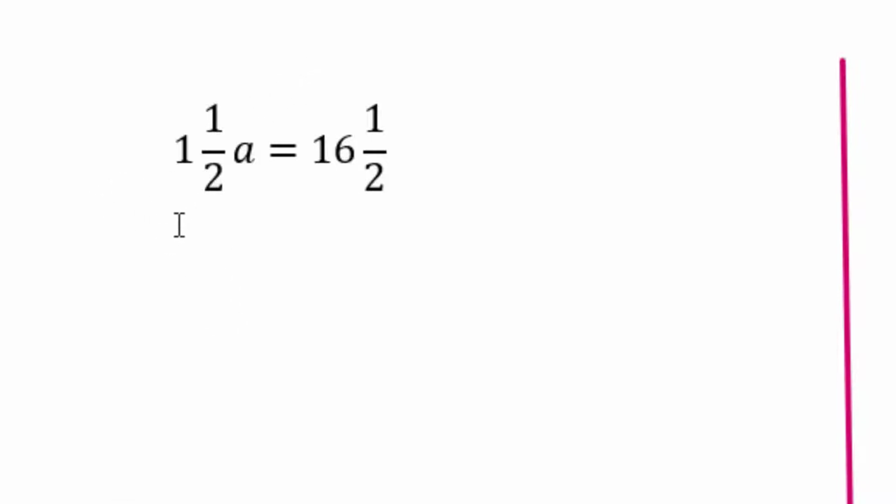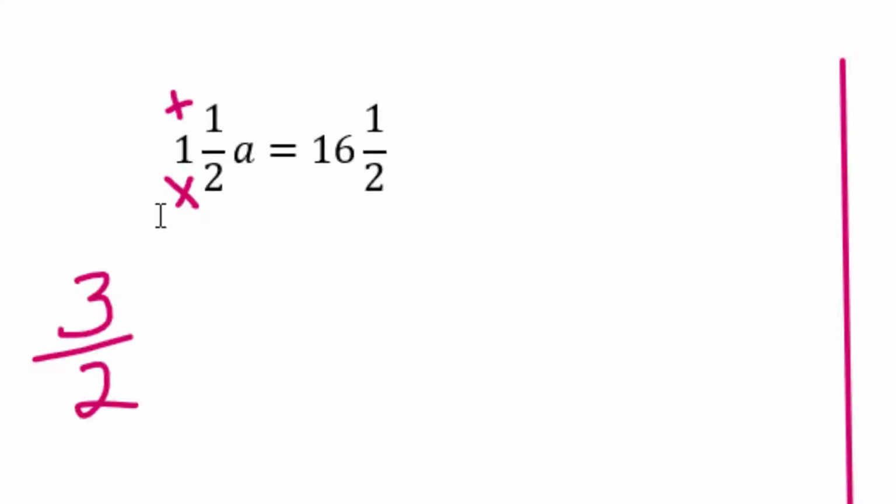If you forgot how to do that, I simply have to start at the bottom and multiply the bottom here, 2 times 1, and the numerator gets added to that product. So 2 times 1 is 2, plus 1 is 3. Great. My denominator always stays the same.